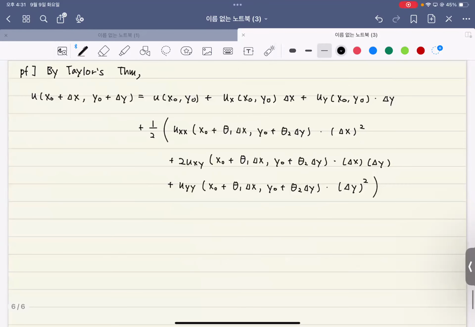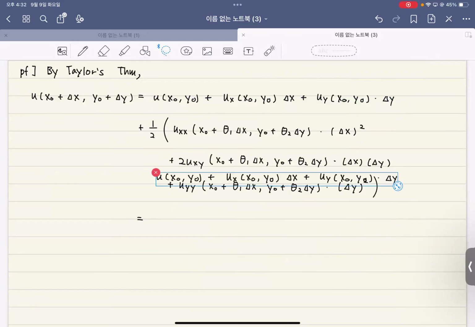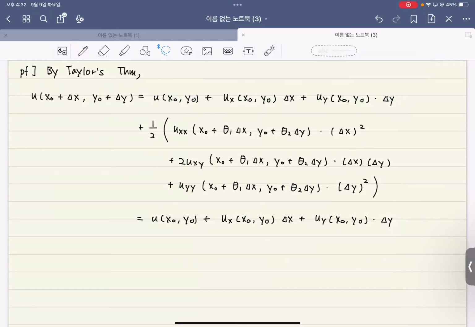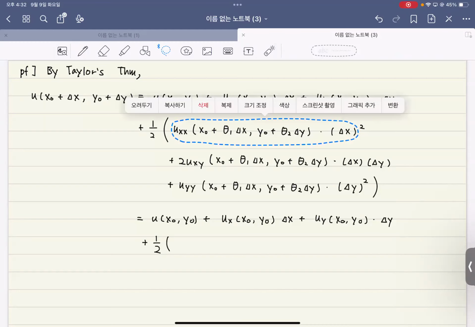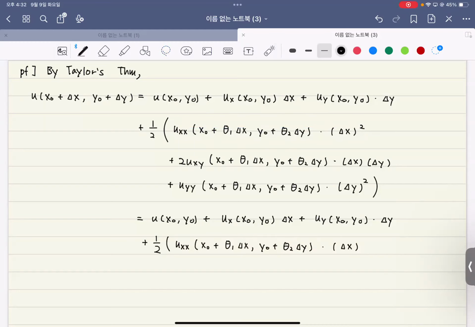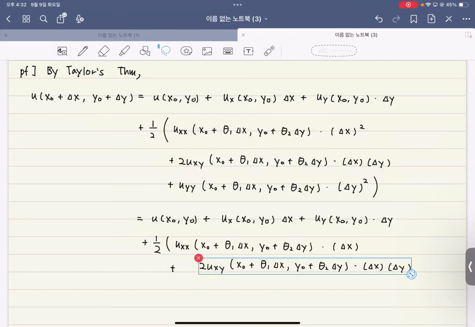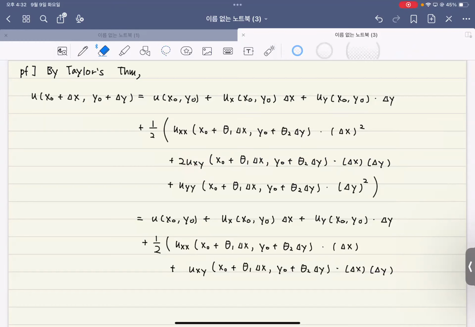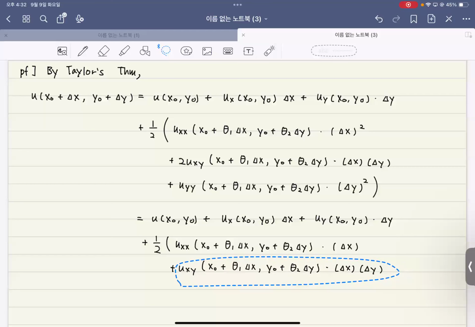Now, what I'm going to do is, these terms just carry over, plus 1/2 of this guy, plus I have 2 of these, and I will just take one of them. And I can get rid of this.